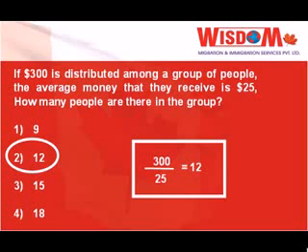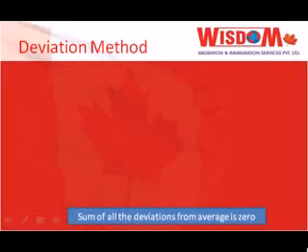If $15 had been received by each member, the number of people would be 300 divided by 15. That would give the answer as 20. So the expression we have used here is that the number of items is equal to the sum of items divided by average.